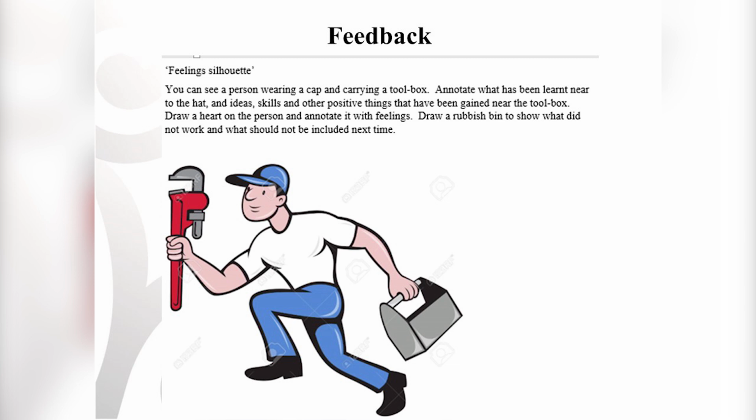Annotate what has been learned near the head, and ideas, skills, and other positive things that have been gained near the toolbox. Draw a heart on the person and annotate it with feelings. Draw a rubbish bin to show what did not work and what should not be included next time.